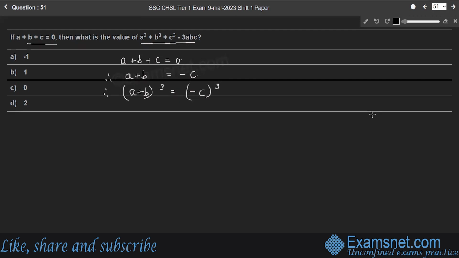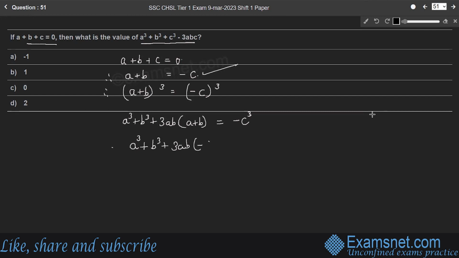From the identity, (a plus b) whole cube is a cube plus b cube plus 3ab into (a plus b). (a plus b) is equal to minus c, so the right side is minus c cube. Therefore, a cube plus b cube plus 3ab into minus c.